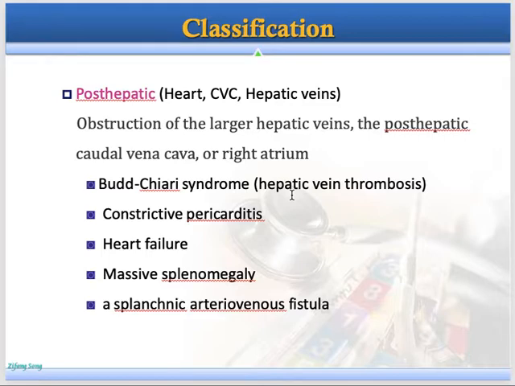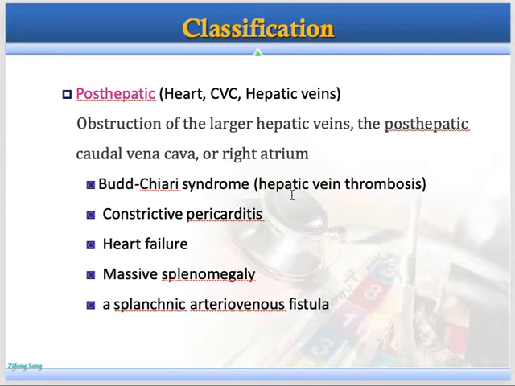So this thing can be done, and of course other investigations for the liver structure and liver functioning can be done. I have already discussed the tests for liver structure and the tests for liver functionality, right? So this is what happens in Budd-Chiari syndrome.